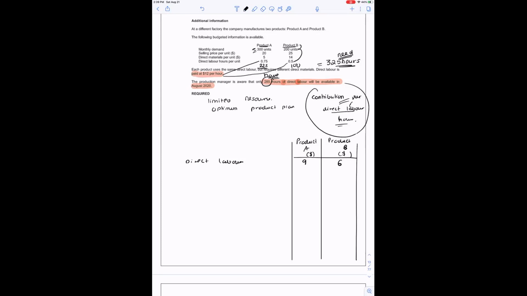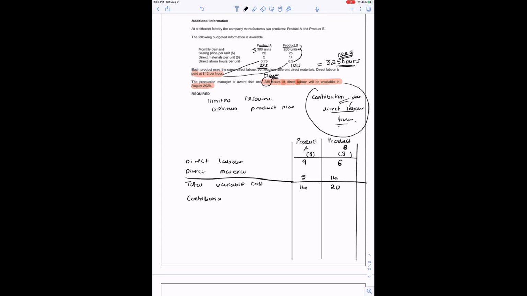Okay. Direct material per unit is 5 and 14. So what is my total variable cost? The total marginal cost would be 14 for product A and 20 for product B. What is my contribution for each product?